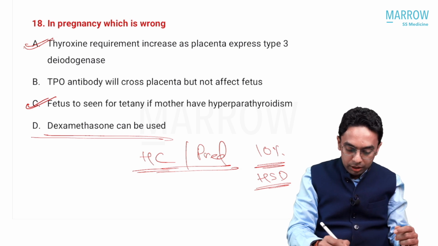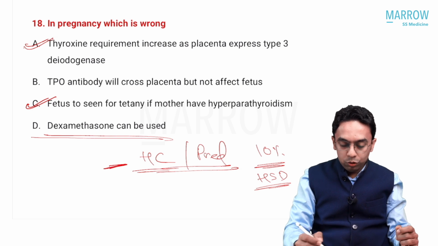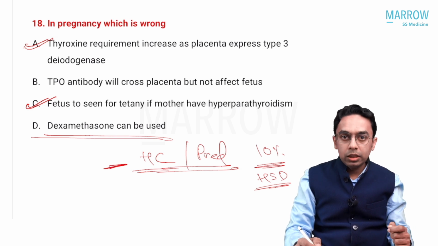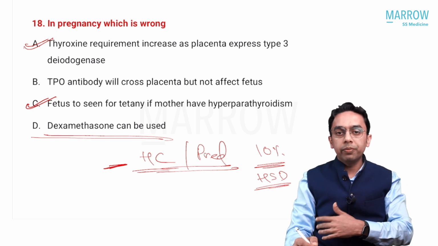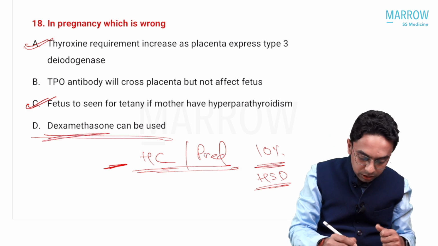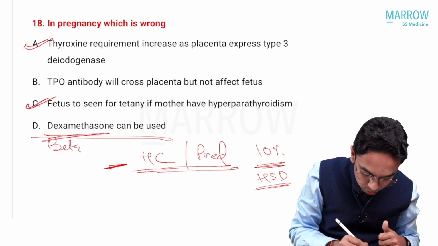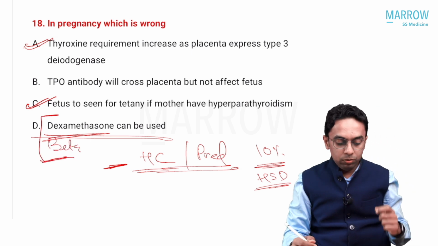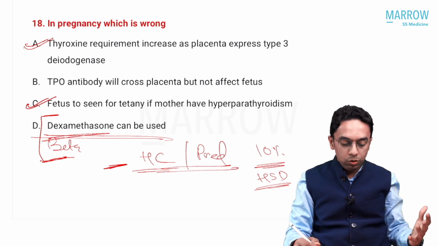So if that is the reason, then obviously this should be used for the mother's autoimmune condition. But if you want to give it to the fetus, like for maturity of the lung, then dexamethasone is something which we give. Betamethasone or dexamethasone is to be used. So this option is not absolutely wrong and not absolutely correct.